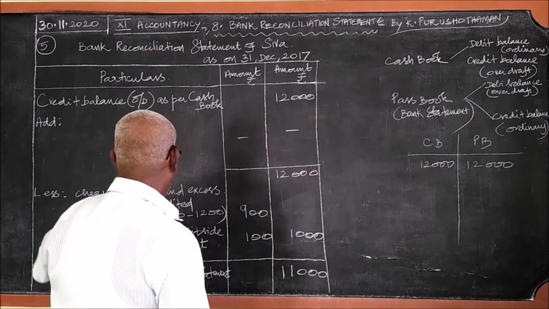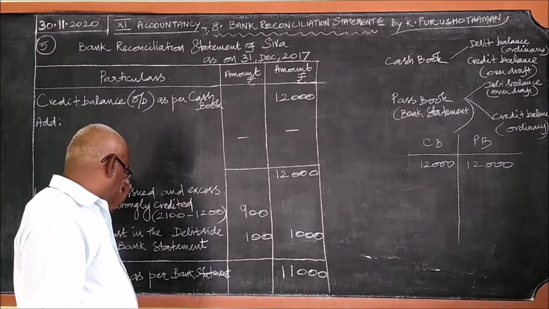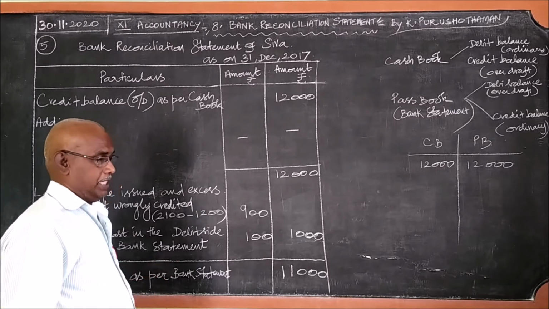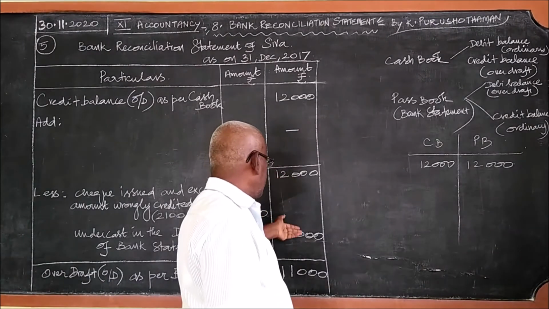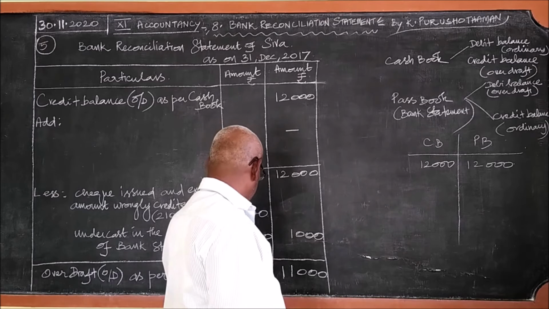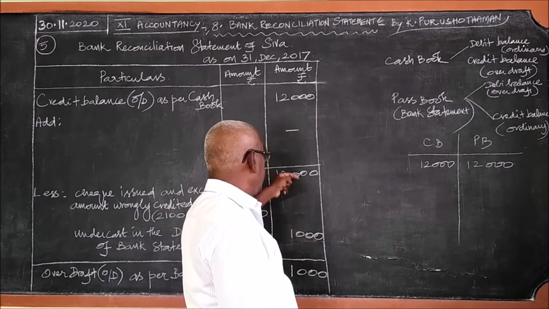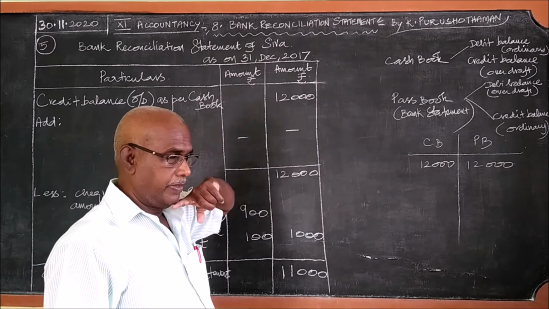Once you start with overdraft as per cash book, you should complete it as overdraft as per passbook or bank statement. This is possible if you minus this amount from this, then once again you will get overdraft. Sometimes this amount may be greater, so when you minus this from this, overdraft becomes ordinary balance.